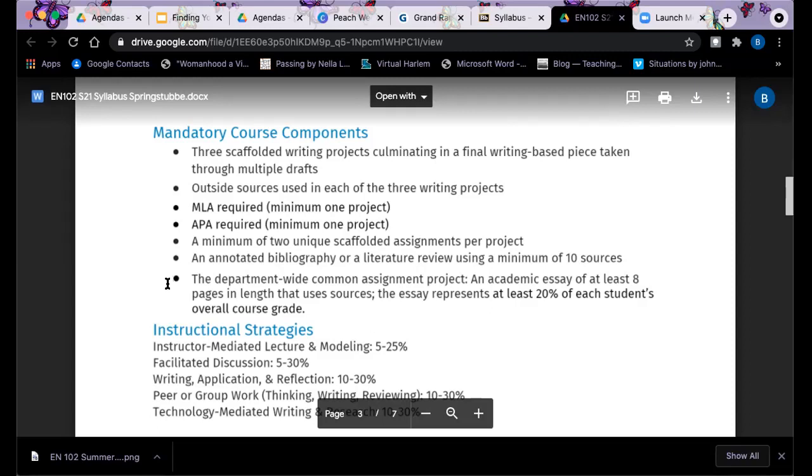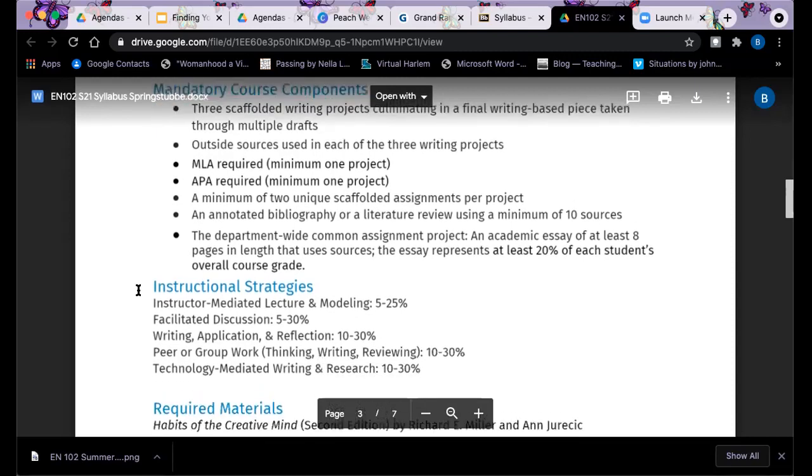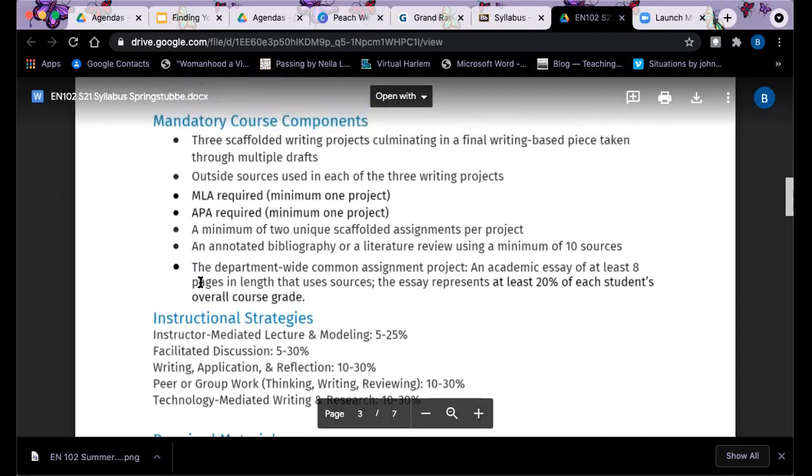And then the academic essay, so that is going to be projects 1 and 2 put together, will be at least 8 pages in length that uses sources, and it's going to represent at least 20% of your overall grade, the essay itself. Right, so that essay is part of these 3 scaffolded writing projects.